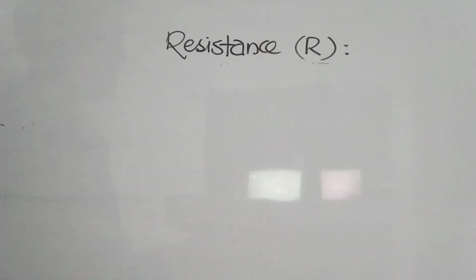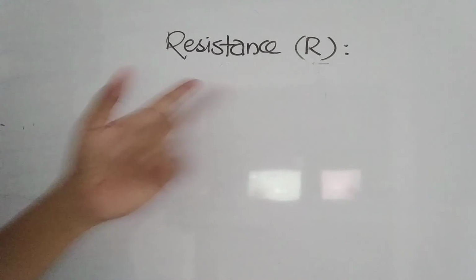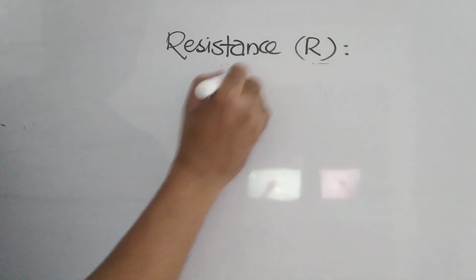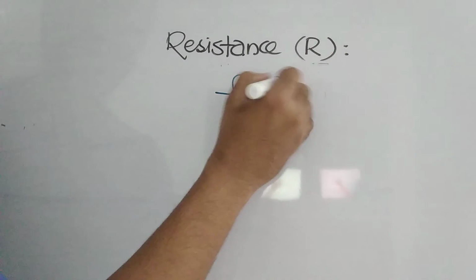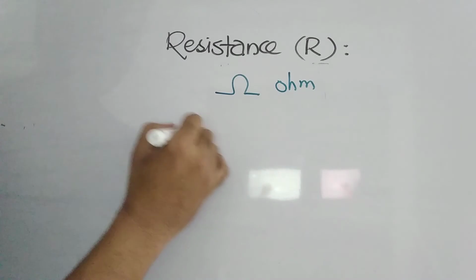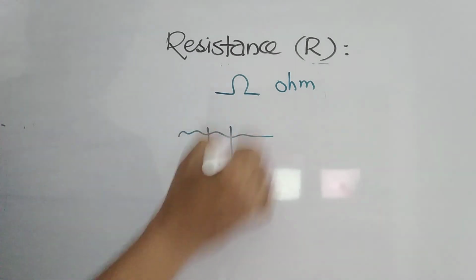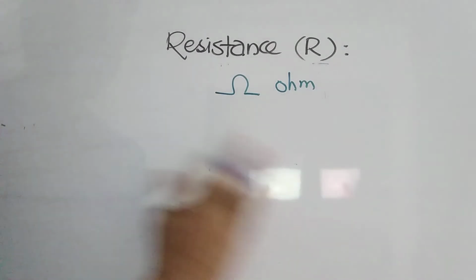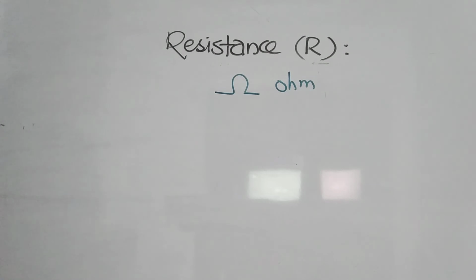The obstacles in that flow you can call resistance. It is given in units of ohm.